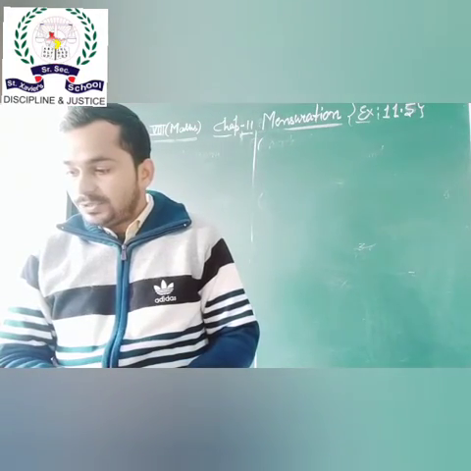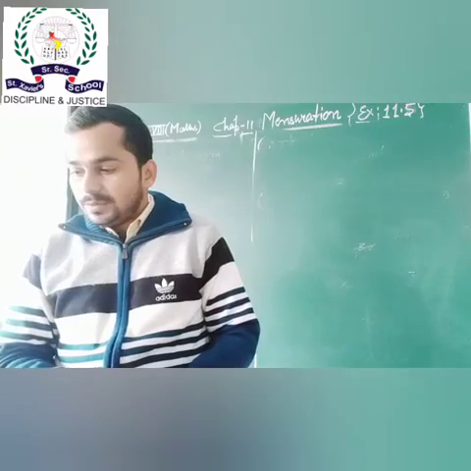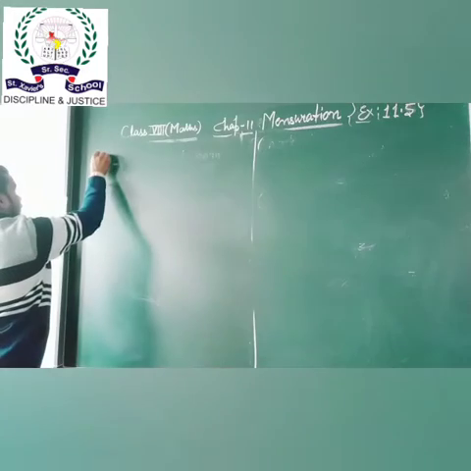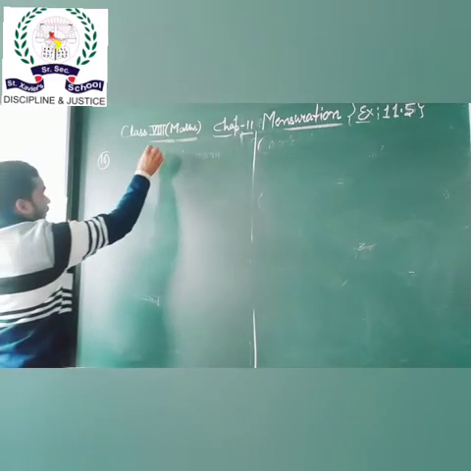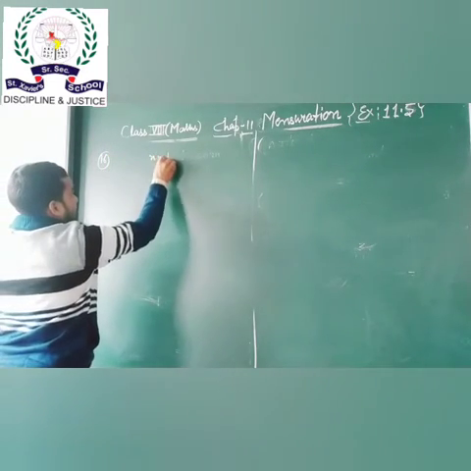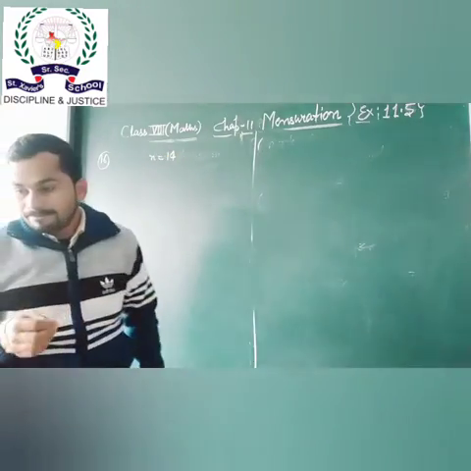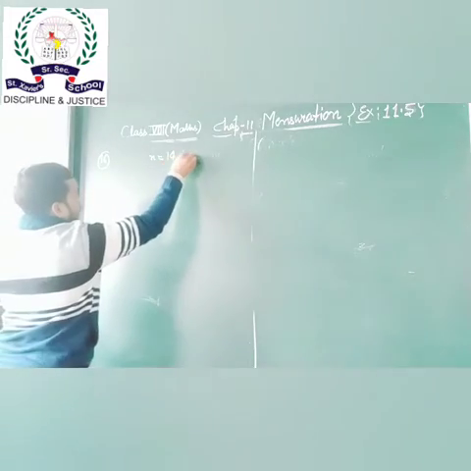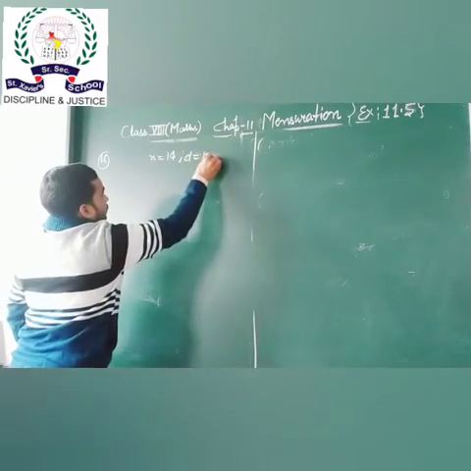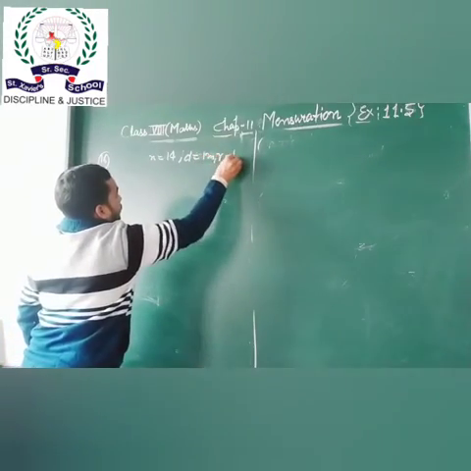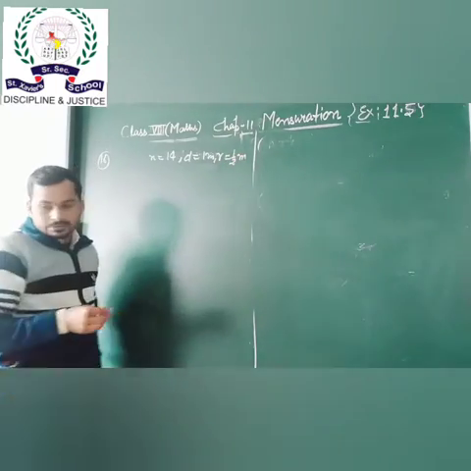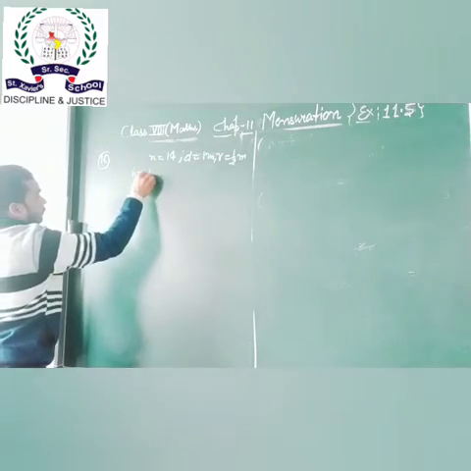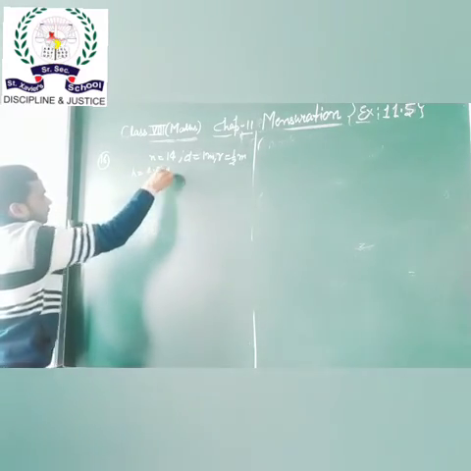Question number 16. A building has 14 cylindrical pillars. Number of cylindrical pillars equal 14. Each diameter 1 meter. Diameter equal 1 meter. So radius equal 1 upon 2 meter, and height 4.5 meter, height equal 4.5 meter.